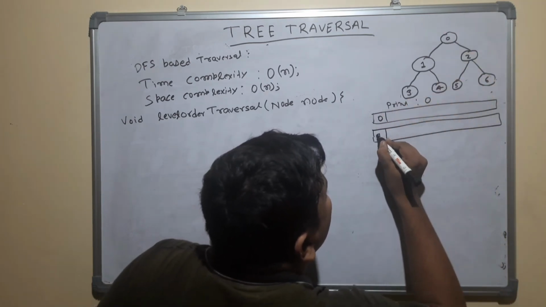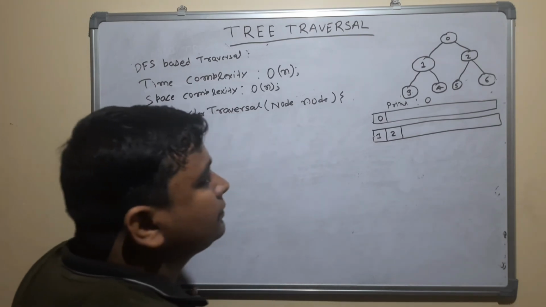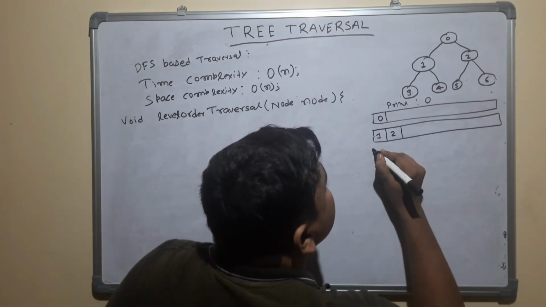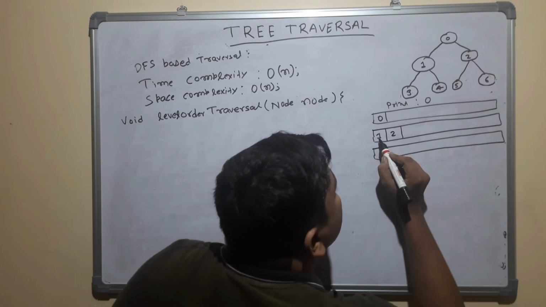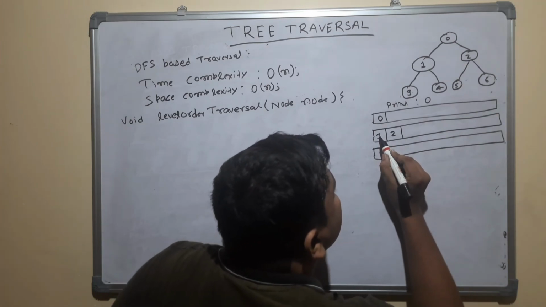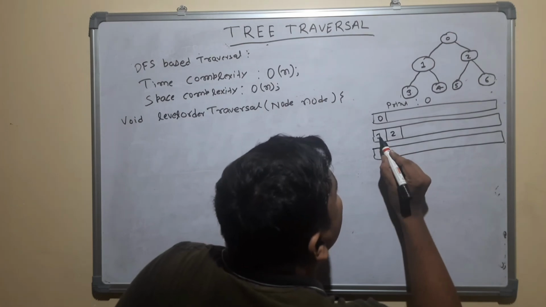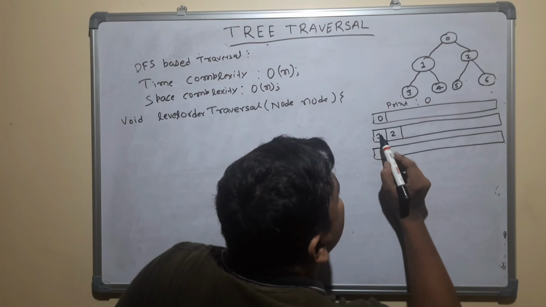So 1 and 2 will be pushed in this queue. In a queue, the node which is pushed first will be removed first.